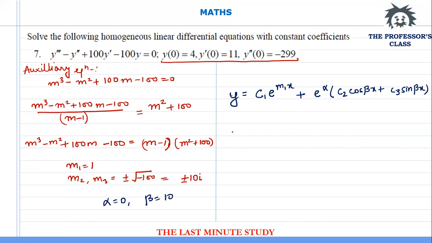So I'll substitute the values to get the final answer, which will be c1 e raised to the power x, since m1 is equal to 1. e raised to alpha x is there, but alpha is 0, so it will become 1. I'll get c2 cos 10x plus c3 sin 10x, since the value of beta is 10. This will be my final answer.